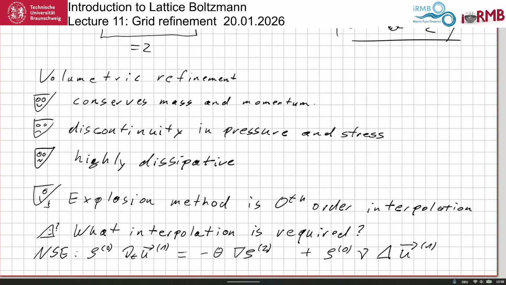Now, when we transfer information, we have to transfer this density to the second order. This gives us the pressure. So we want to transfer the pressure, and we want to transfer the velocity, and we want to do it in such a way that the structure of this equation stays the same. So when you use this explosion method, you have two neighboring nodes with the same velocity, right?